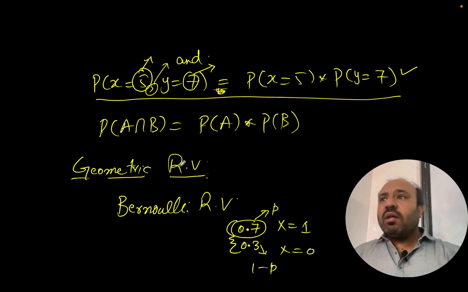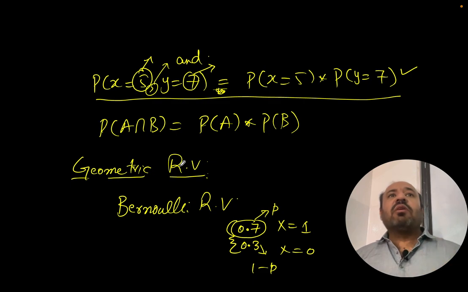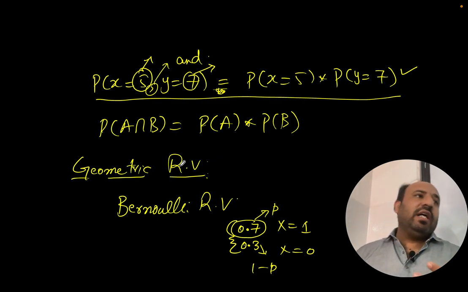In that case, the total number of Bernoulli experiments you have done is 2. Make sense? So the geometric random variable takes a value that is the count of Bernoulli experiments till the first success.